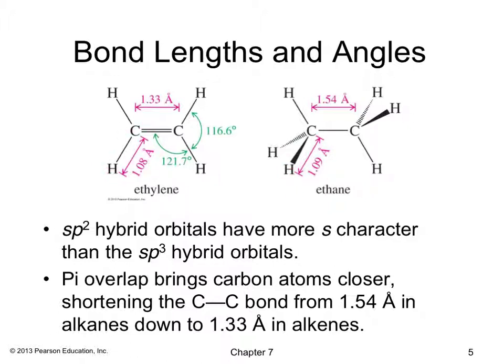And again, the angles are approximately 120, 121 in this case, 116.6 in this case. The sp2 hybrid orbitals have more s character than the sp3. The pi overlap brings the carbon atoms closer. That's why we're getting a shortening of distance from 1.54 to 1.33.